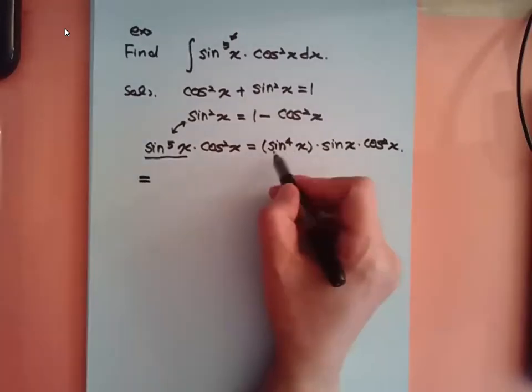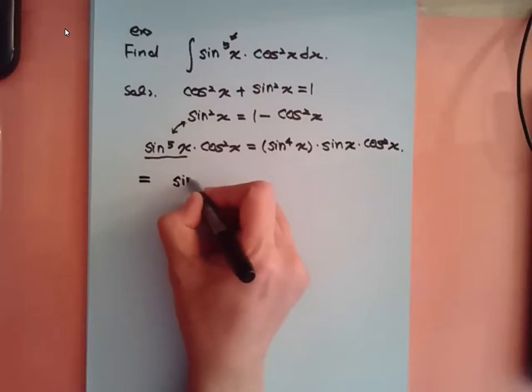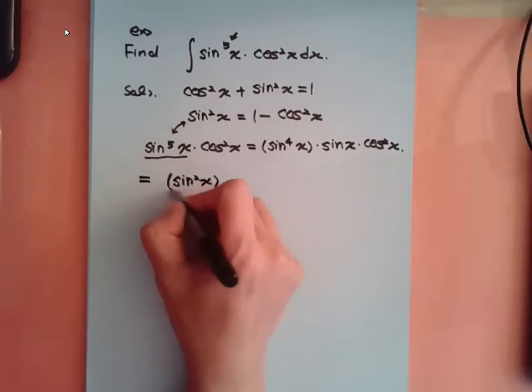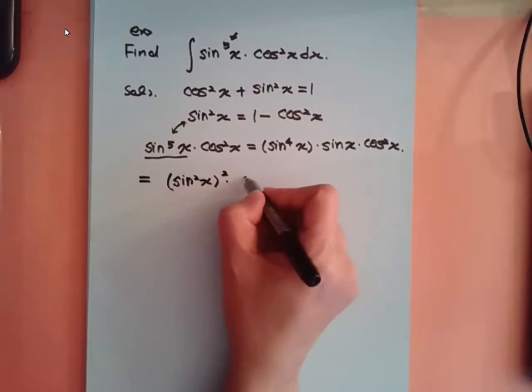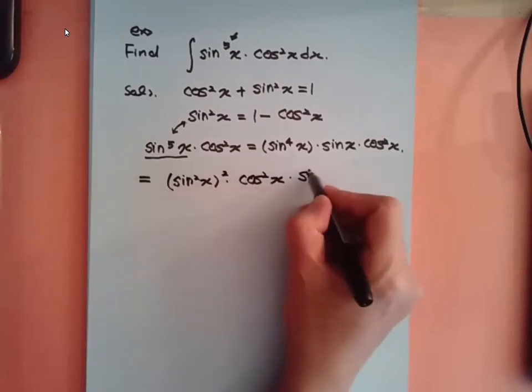So sine to the fourth power of x can be written as sine squared x, squared, times cosine squared x times sine of x.